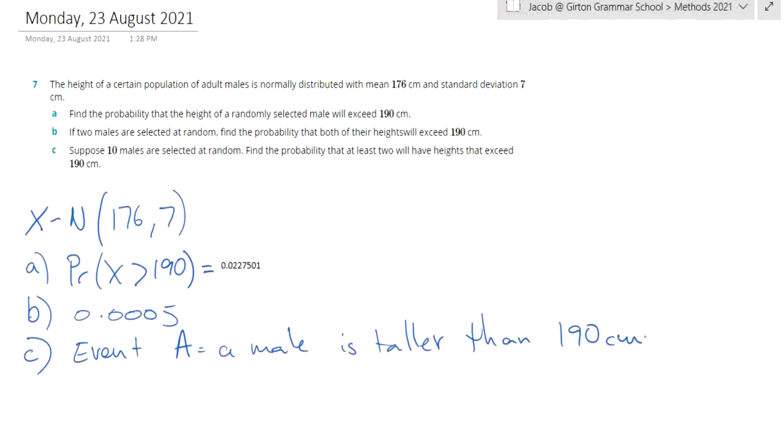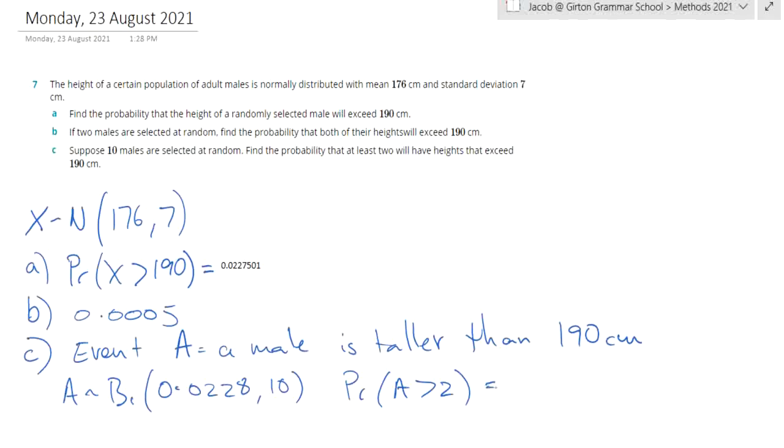So what I've done there is I've turned my normal distribution into a binomial distribution by defining an event where they're either taller or not taller. Okay, so there's only two possible outcomes. So that makes it binomial. A is binomial, and the probability is 0.228, and I've got 10 trials, and I'm after the probability that A is greater than or equal to 2.